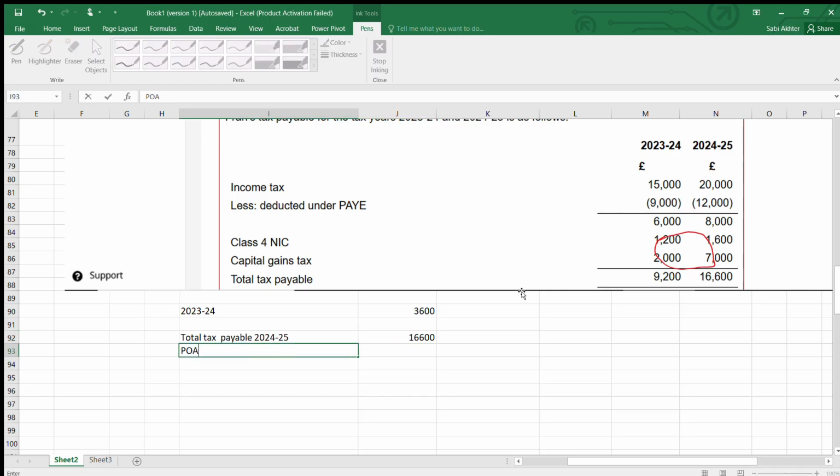Remember the two payments on account, 3,600, so it's 2 times, minus 7,200. So use the sum function, 9,400. Then what do you do? Add your first payment on account. So this is your balancing payment that is due. Balancing payment 31st Jan 2026, that is due.